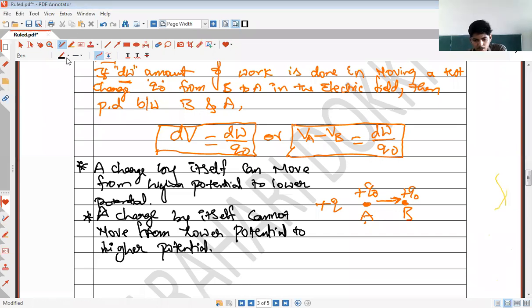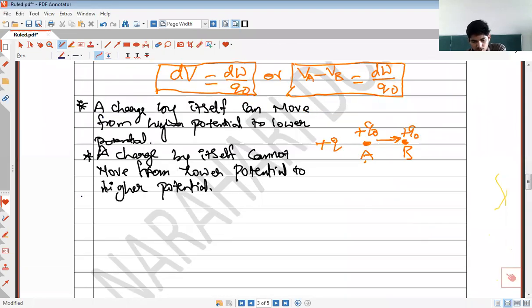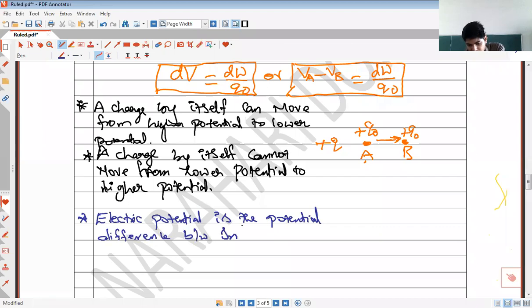And you must remember, electric potential is the potential difference between infinity and a given point, isn't it?